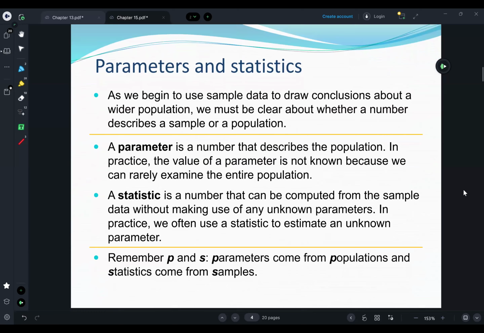So some terminology, a parameter and a statistic. What we're going to do is take a sample from the population to draw conclusions about the population. A parameter describes the population. And we've seen some parameters. We've seen mu and we've seen sigma. Those are parameters, and they represent the full population. So that would be the population mean mu and the population standard deviation.